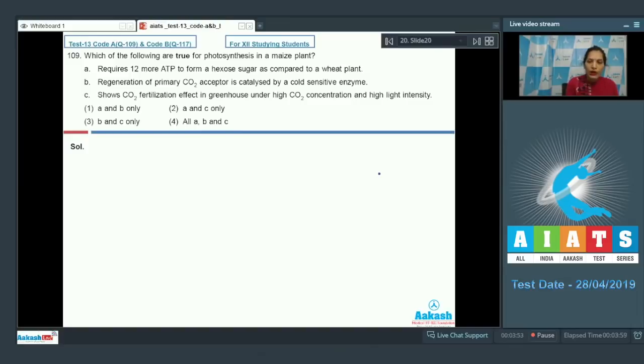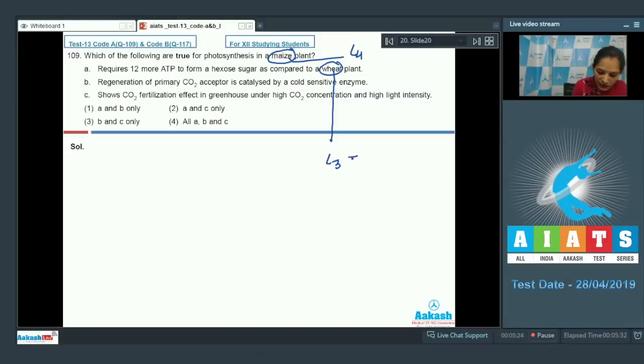Here you need to understand that maize is a C4 plant, whereas wheat is a C3 plant. Now, statement A says requires 12 more ATP, meaning a C4 plant requires 12 more ATP to form a hexose sugar as compared to a C3 plant. Let's see.